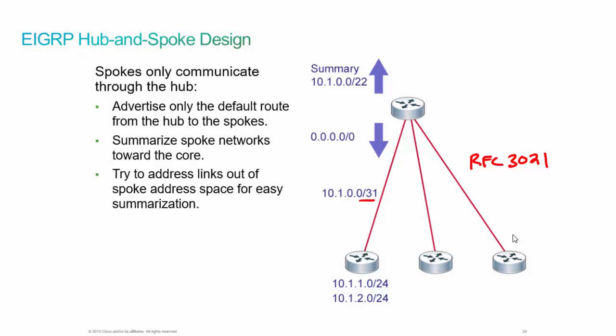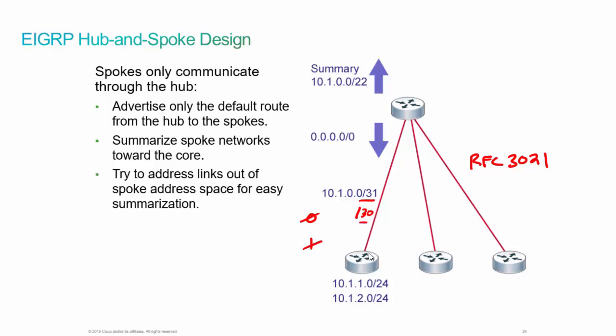Before RFC 3021, we had the use of a /30 network. Now, a /30 network gives me 4 addresses. I have the 0 address, the all zeros address, the all ones address, and then I have the 2 usable addresses. So I always had 2 wasted addresses inside of a /30 subnet.